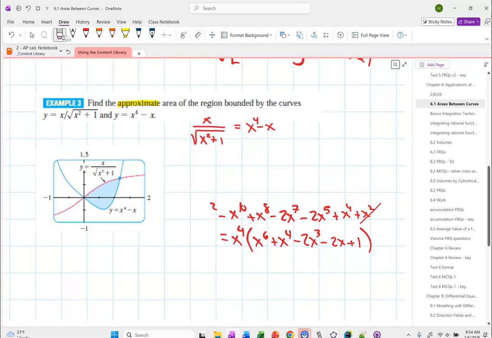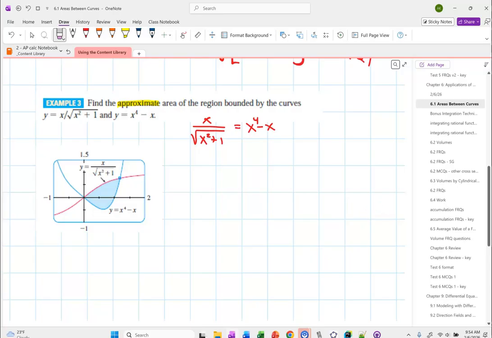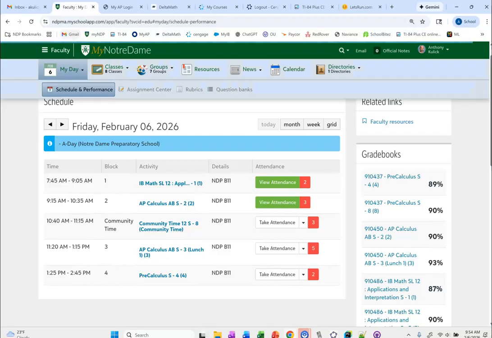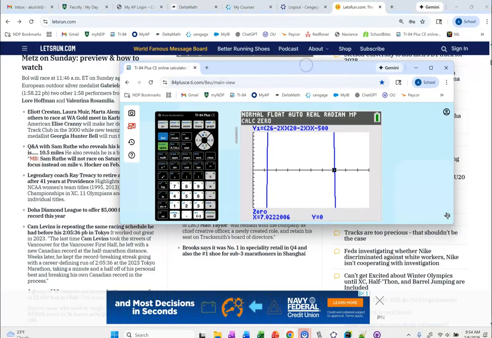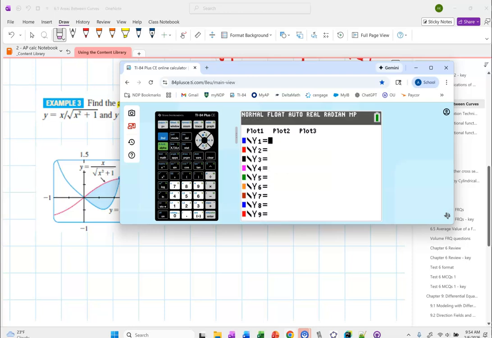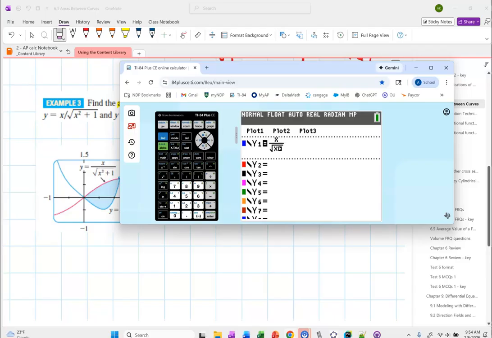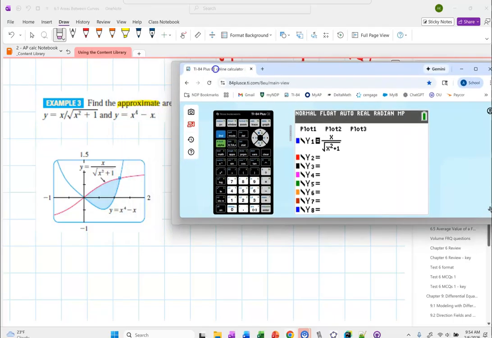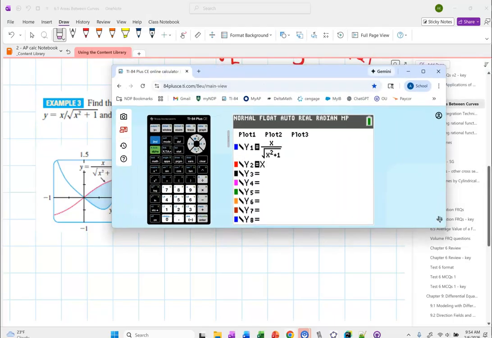we would have just taken our initial piece there. We got the x equals 0 at least, and just use our calculator here. So I have x over square root x squared plus 1, and then x to the 4th minus x.